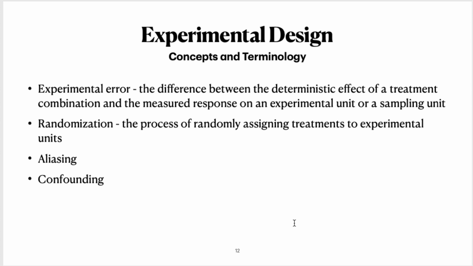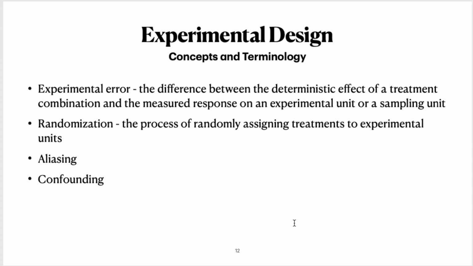Another term would be experimental error. This is the difference between the deterministic effect of a treatment combination and the measured response on an experimental or a sampling unit. When we apply treatment combinations to experimental units, there is a deterministic effect on the experimental unit. But there are other characteristics or features of the experimental unit that impact the response variable that we're measuring.